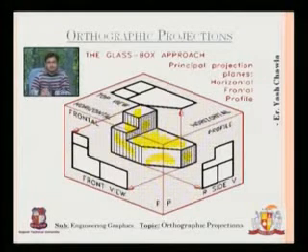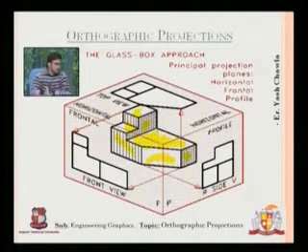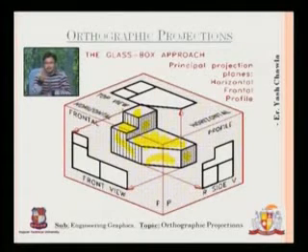Now this glass box will have 6 sides, and once this object, that is my job, has been enclosed in this, when I move my glass box, the object will be moving along with it.